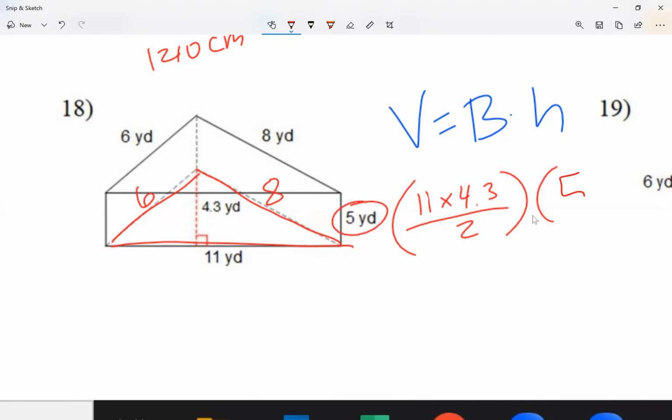Okay, so the height of this is 5. So I'm going to go 11 times 4.3 divided by 2, and then times 5. I happen to get 118.3.